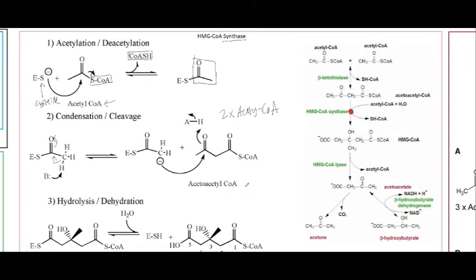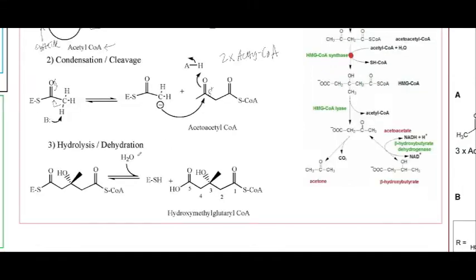And this acetoacetyl-CoA comes in, and this will attack this carbonyl carbon that's double bound to this oxygen here, which will have that partial positive on here. And so that can attack there, and that is the condensation cleavage reaction there.